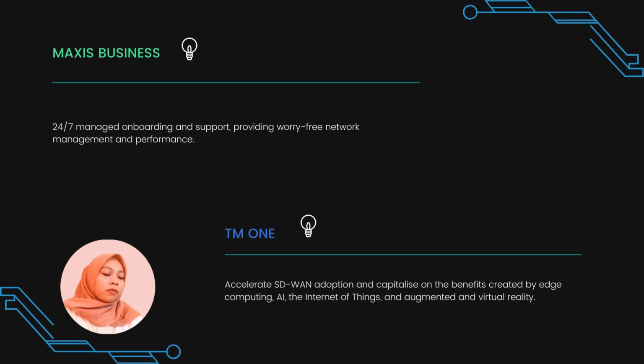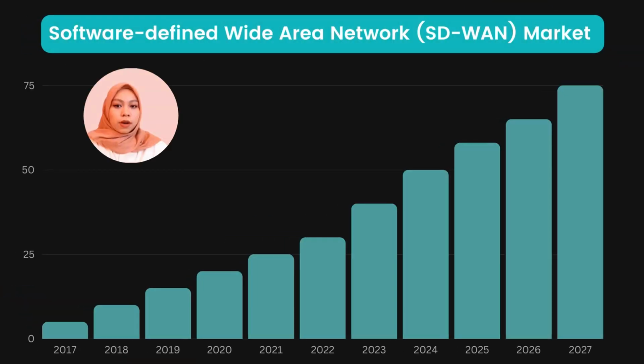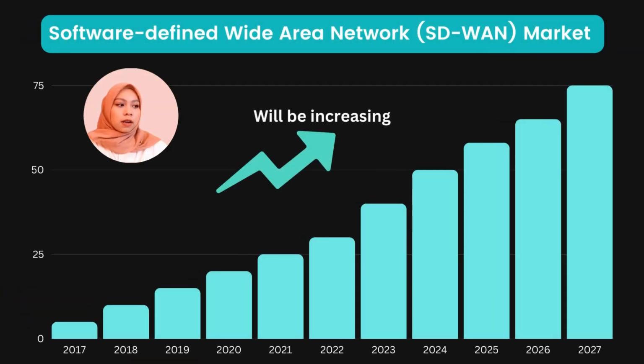So for AI, the Internet of Things, which is IoT, and augmented and virtual reality. Move on to the next slide. In this slide, we can see the software-defined wide area network market.